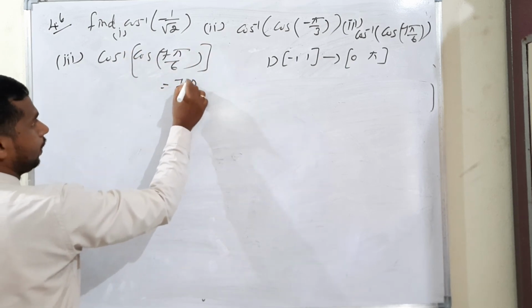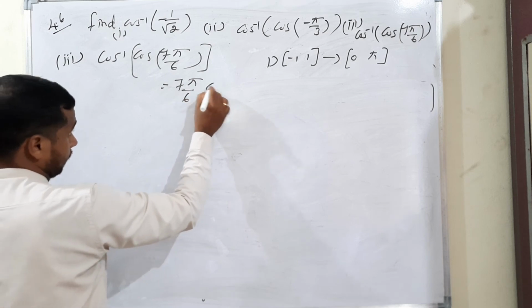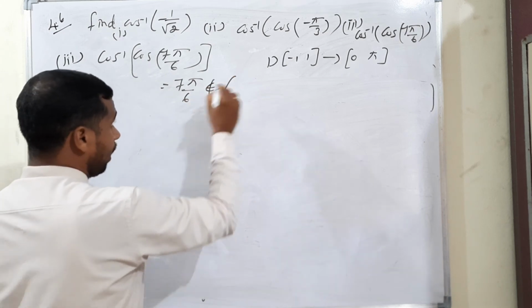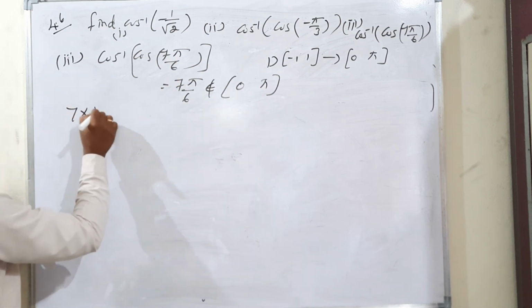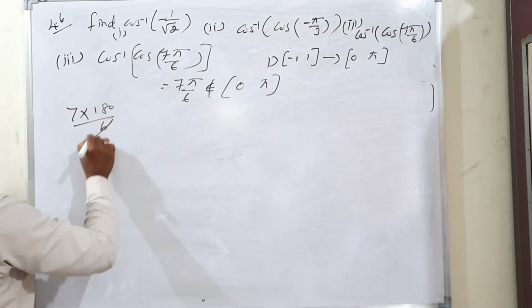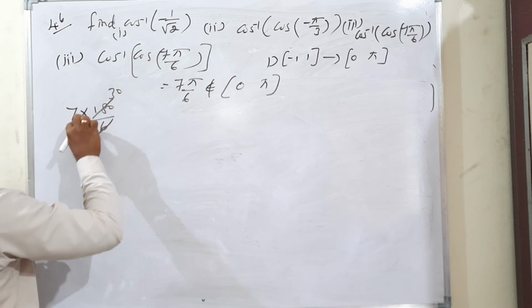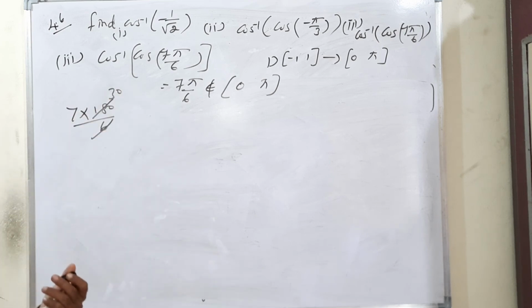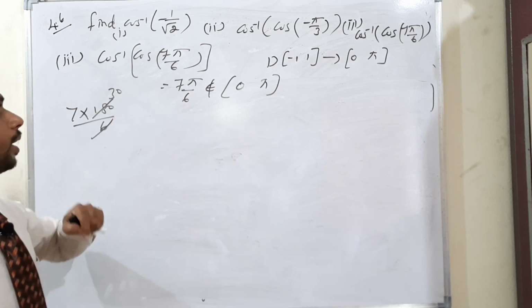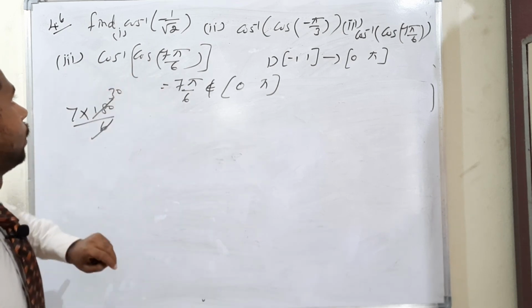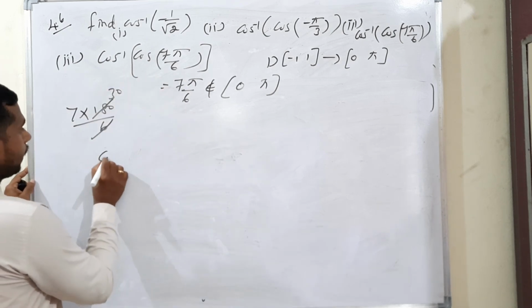Definitely 7 pi by 6 does not belong to 0 to pi. How? 7 into 180 divided by 6; 180 divided by 6 is 30 degrees, and 7 into 30 is 210. It is more than 180, so we have to rearrange it.